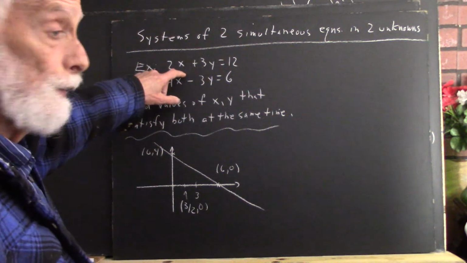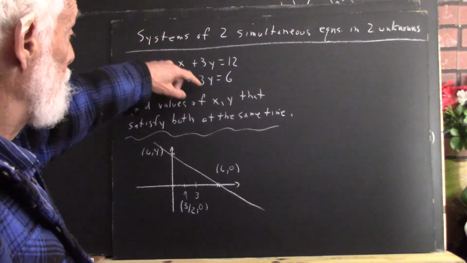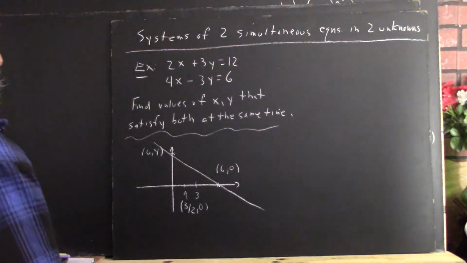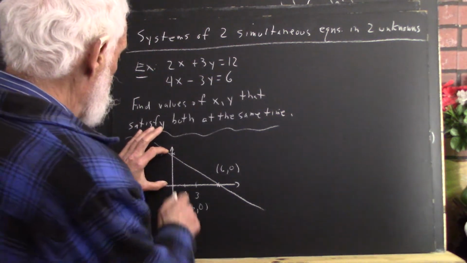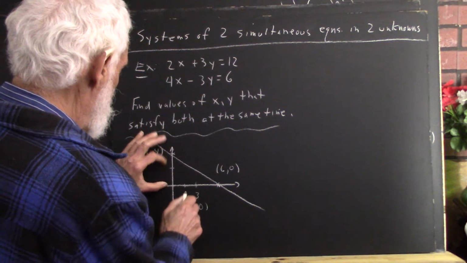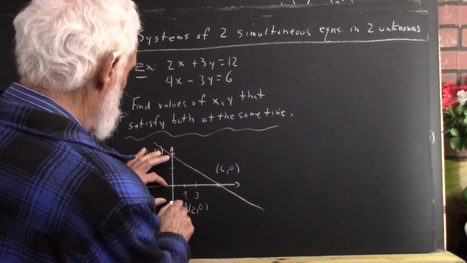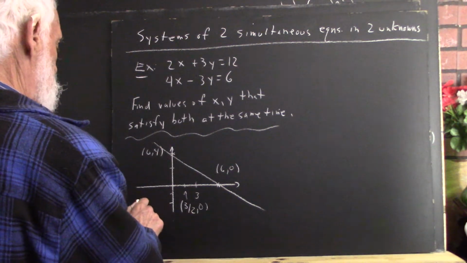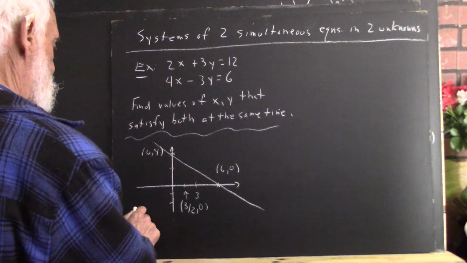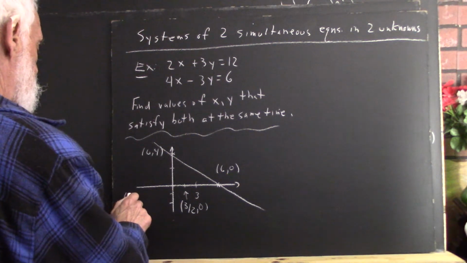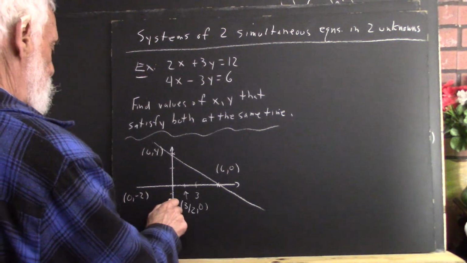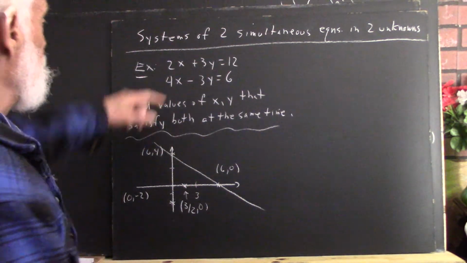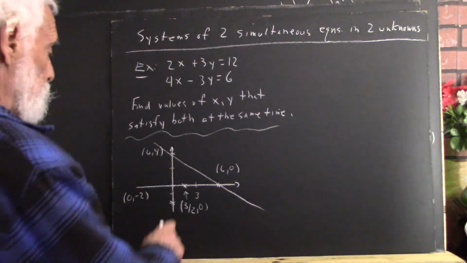And if x is 0, negative 3y equals 6, so y equals negative 2. Well, there's 4, so there's 2, so here's negative 2. And so the graph of this equation goes through these two points.